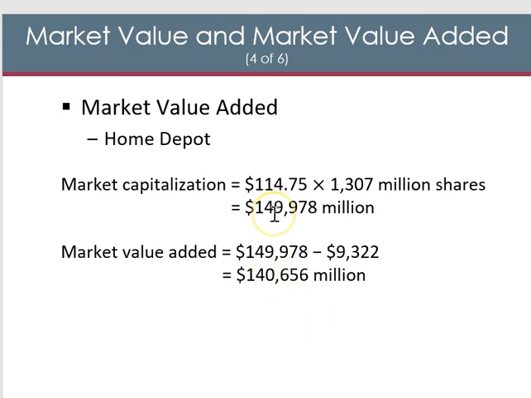So you had a total market capitalization of 149,978, of course that's in millions. And then find out the market value added. You take this number up here, minus the equity that was put in by the stockholders, and you'll have a total of about $140.7 million. Not bad, even back in 2014.